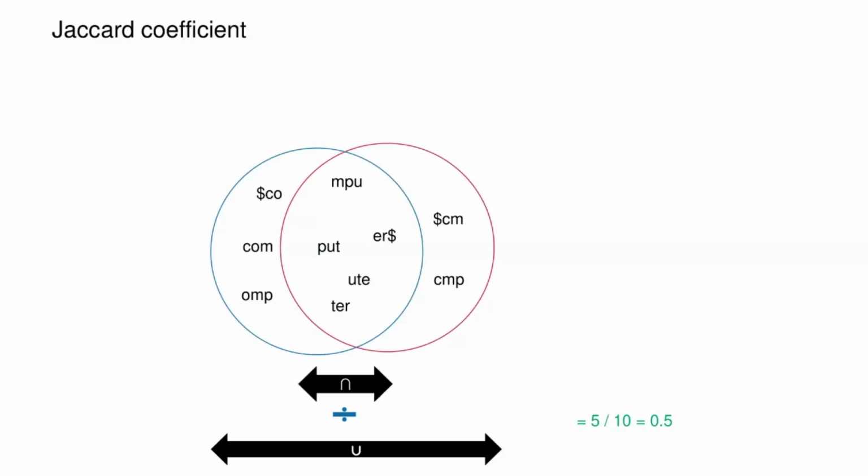Close to what? To 0, right? The distance gets close to 0 when it's the same. But here, when they are the same, it goes to 100%. So this is not a distance, this is the opposite of that, right? It grows as it becomes more similar. So this is why we don't call it a distance.